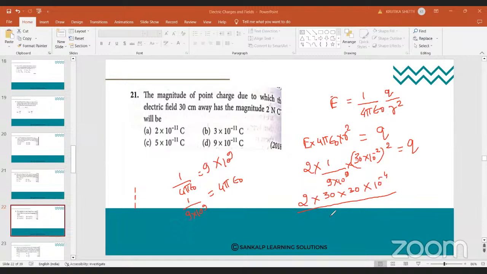Yes. So 3 3s are 9, 900 it is. So 9 1s are 9, 9 10s are 90. So 2 10s are 20. 20 into 10 to the power, look here: below it is plus 9, when it goes up it becomes minus 9. So minus 9 and minus 4. So what is minus 9 minus 4?